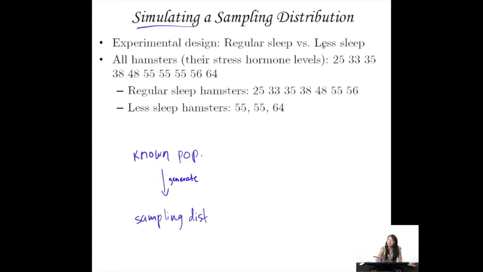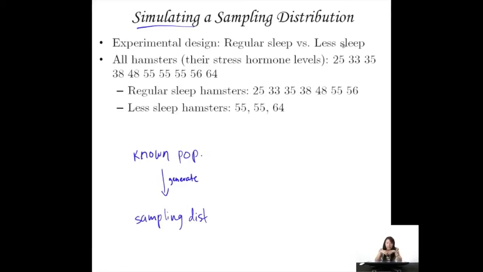And then the dependent variable that we might look at is their stress hormone levels. So let's say we tested these hamsters. So 3, 6, 9, 10. So here's 10 hamsters in our lab. And 7 of them were in the regular sleep group, and 3 of them were randomly chosen for the less sleep group. And this is their resulting levels of stress hormone.